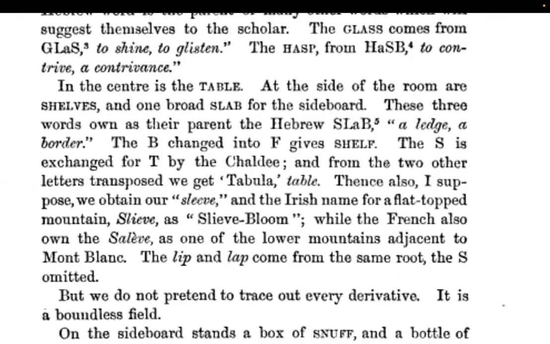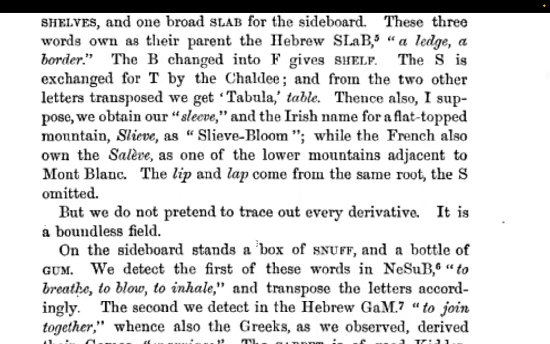And the Irish name for a flat-topped mountain, I can't pronounce that right. Sleeve, as in Slieve Bloom. While the French also owned the Salve or Saleve as one of the lower mountains adjacent to Mount Blanc.